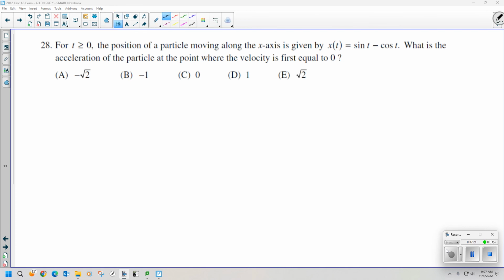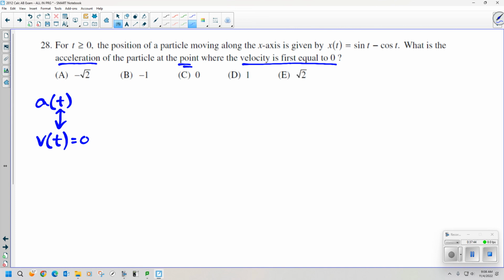All right, let's figure out what they want from us. What is the acceleration? So I'm going to find the acceleration at the points where the velocity is first equal to 0. So this value of time is the same time I want that makes the velocity equal to 0.